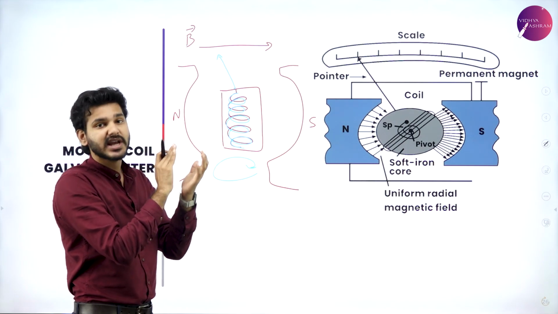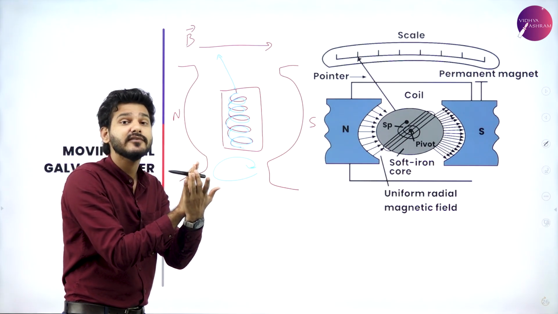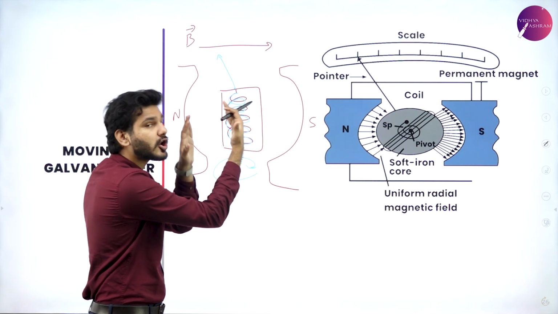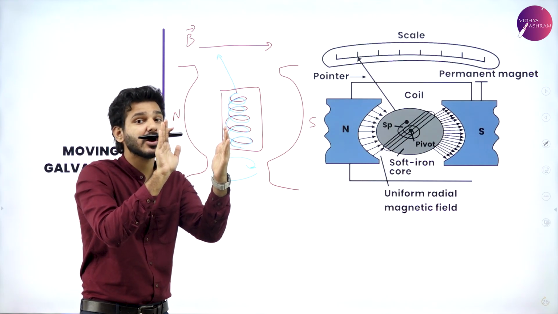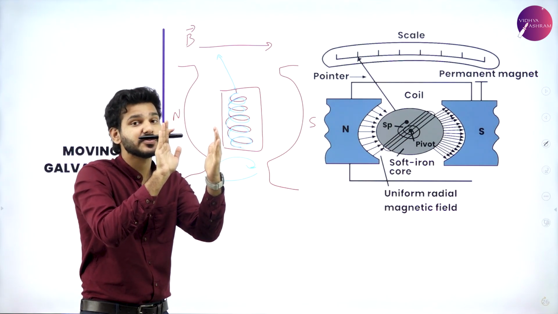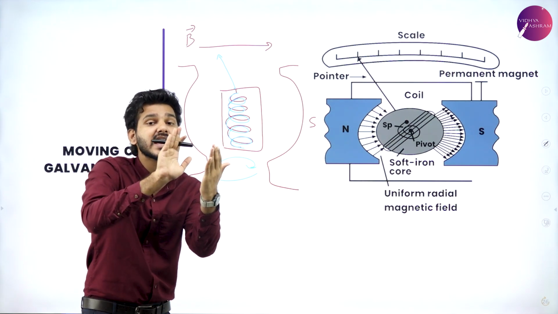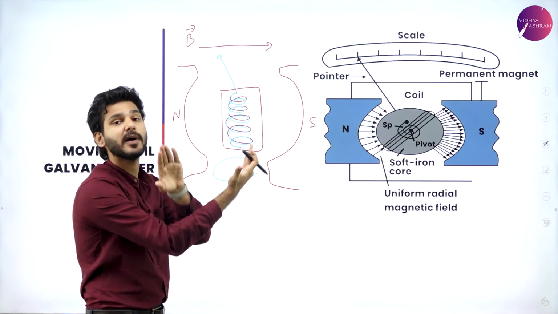This particular spring will gather energy as it winds up. Initially the coil was turned to a particular direction and the spring is now in a state of stress, which means that as soon as the current flow is cut off and the torque is released, it will experience a restoring torque. The spring will make it unwind.